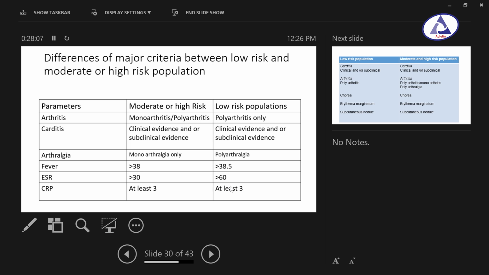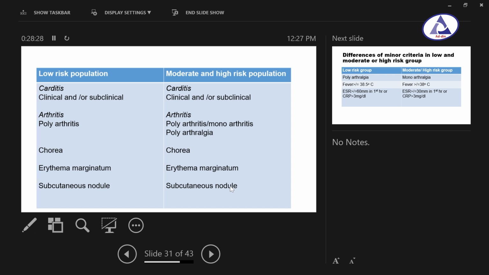So we show the difference in arthritis, arthralgia, fever and ESR as important factors between high risk and low risk population. Carditis is the same. Polyarthritis and monoarthritis are significant in high risk population. Chorea is the same in high and low risk population. There is no difference for erythema marginatum and subcutaneous nodule.